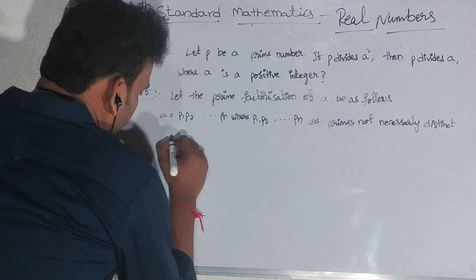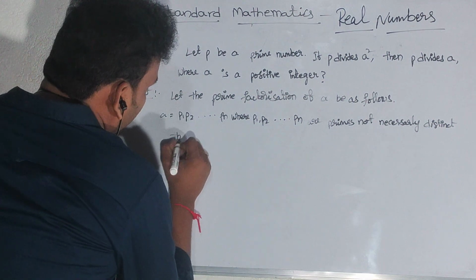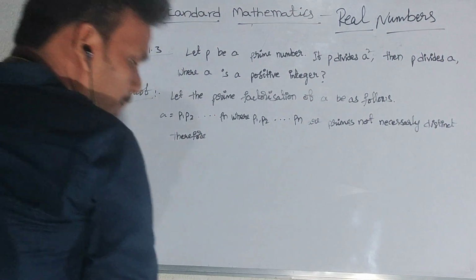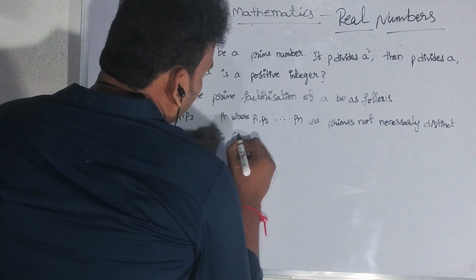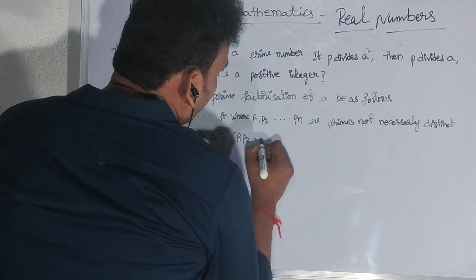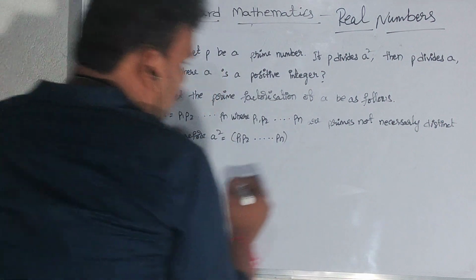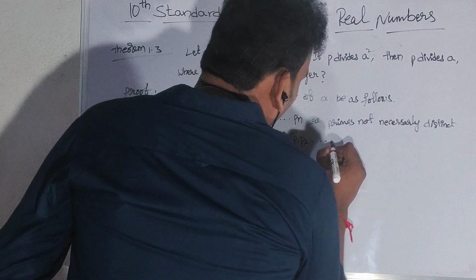Therefore, a square equal to p1 p2 up to pn into p1 p2 up to pn.